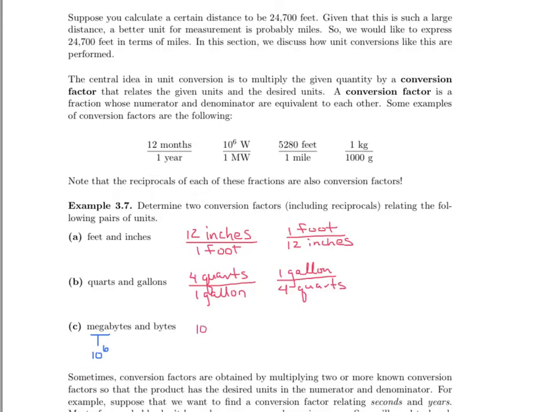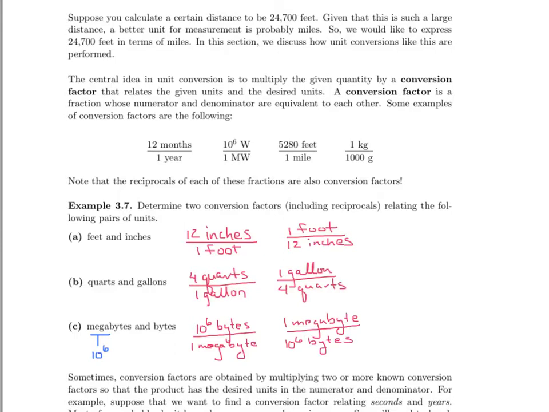There are 10 to the 6 bytes per 1 megabyte. We could also write the reciprocal. 1 megabyte per 10 to the 6 bytes.